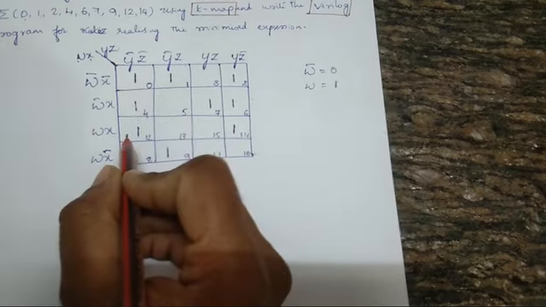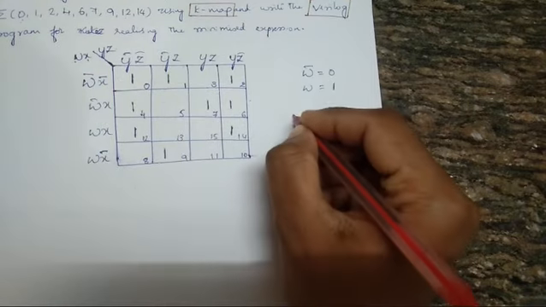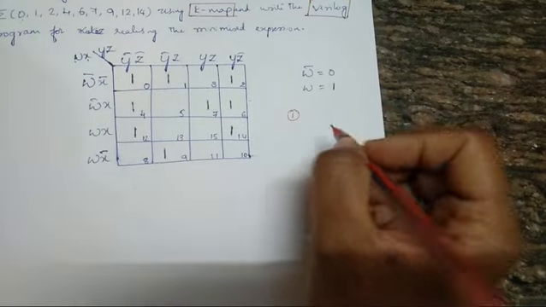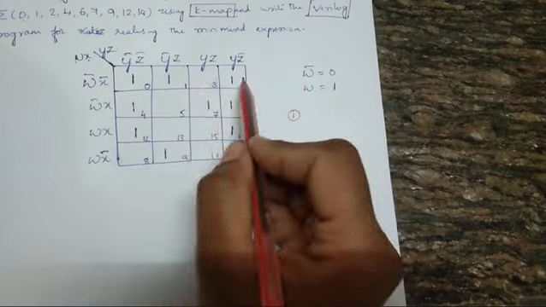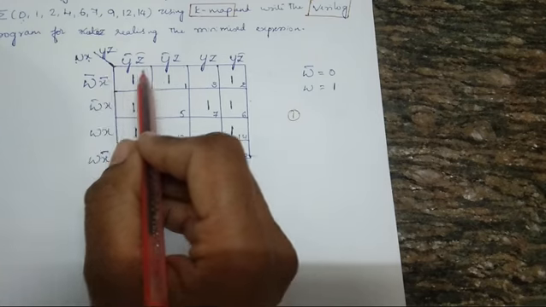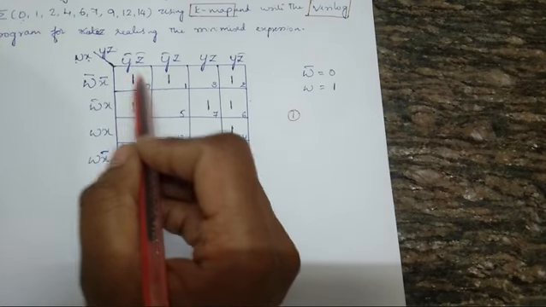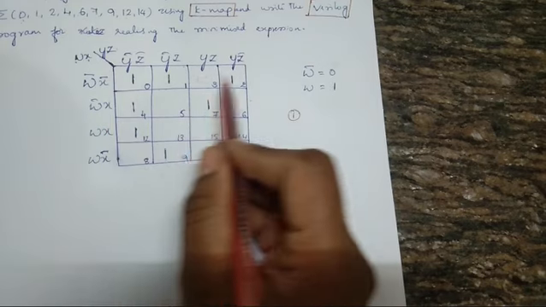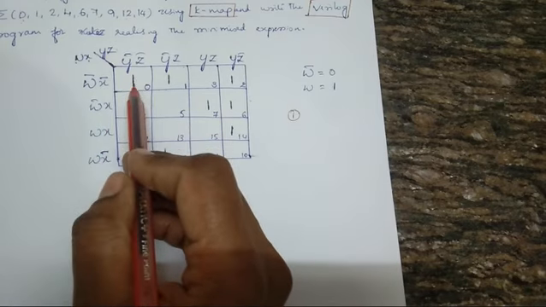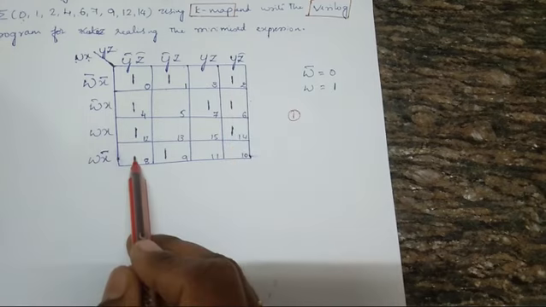Fine. While solving a K-map, the first and foremost rule is we have to start from this side. We should start with the 0th element. We can group row wise or column wise.